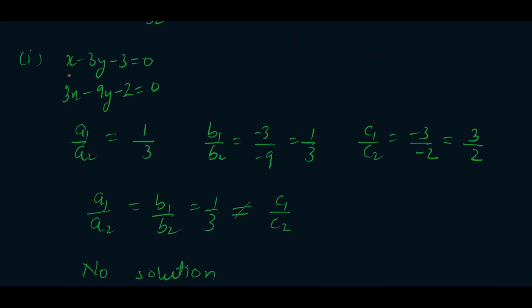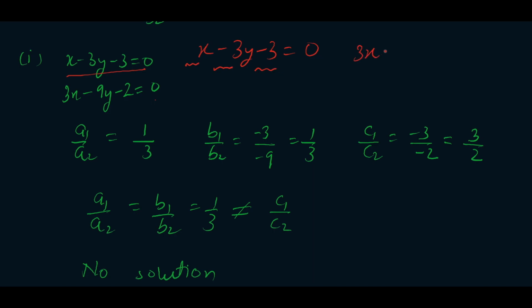Our first question here is x minus 3y minus 3 equals to 0 and 3x minus 9y minus 2 equals to 0. So in our first equation, x minus 3y minus 3 equals to 0, our a1 here is 1, b1 is minus 3 and c1 is also minus 3.